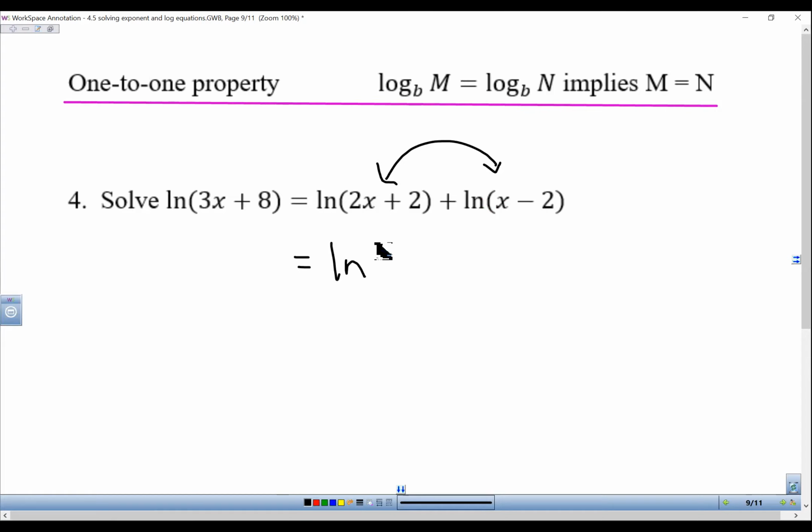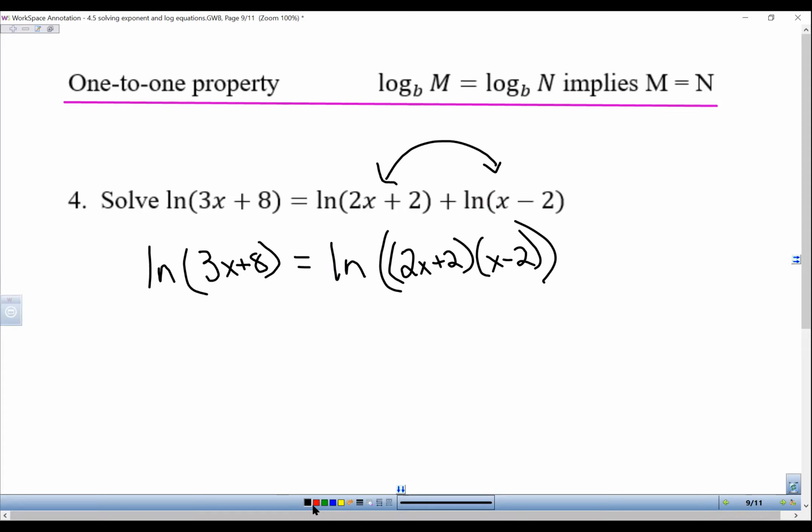So this is the natural log of 2x plus 2 times x minus 2. And that equals the natural log of 3x plus 8. So I have one log equal to another log. That means the two values have to be equal.